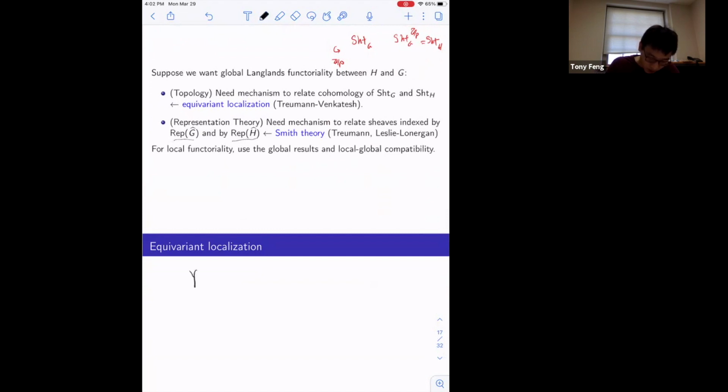Actually, there's something true in general. If you have a space Y and it has a Z mod P action, again, I just prefer to pick a generator to conform to the literature, then there's going to be some relationship between the cohomology of Y and its fixed points.